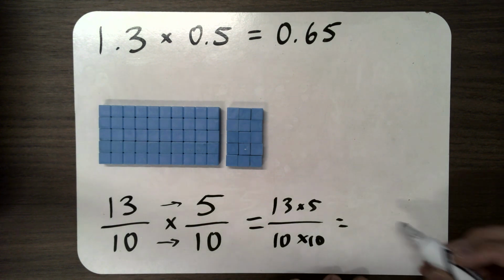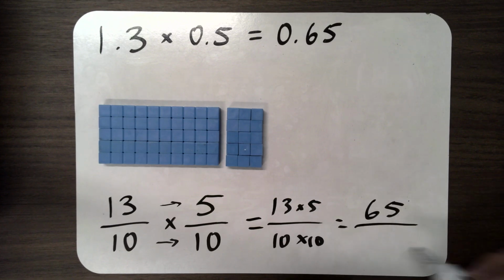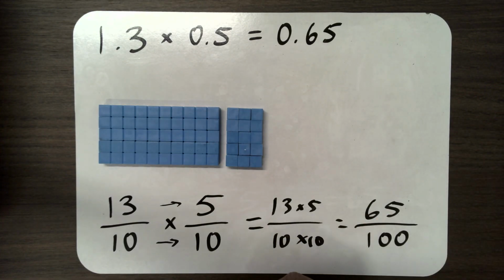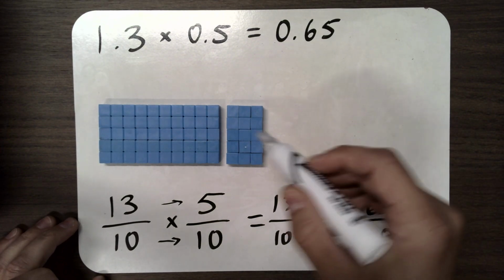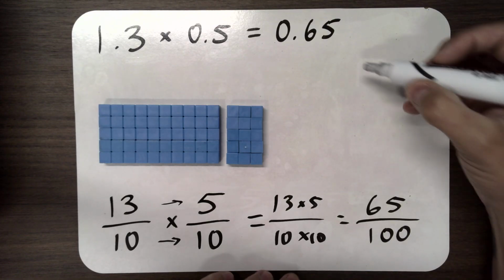We get 13 times 5, which is 65, and 10 times 10 is 100. So 65 hundredths. That's one algorithm we can use, since students will learn this fraction algorithm prior to needing to learn the standard algorithm for decimals. This will be one strategy to use.